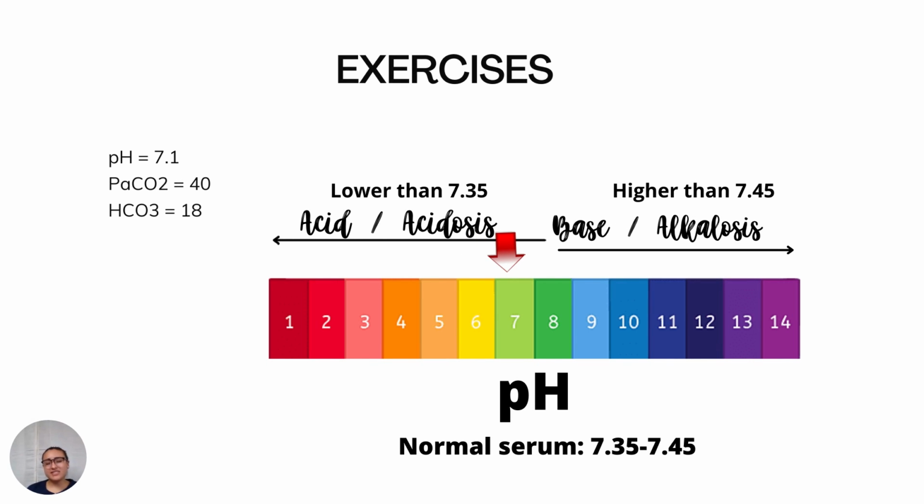Let's do a couple of exercises to practice this. So our exercise says that our pH is 7.1. So with that value, we know that we have an acidosis. Then it says that our PaCO2 is 40 and our HCO3 is 18.